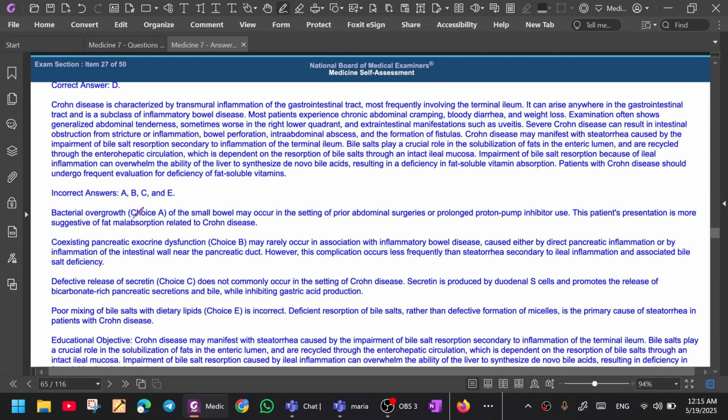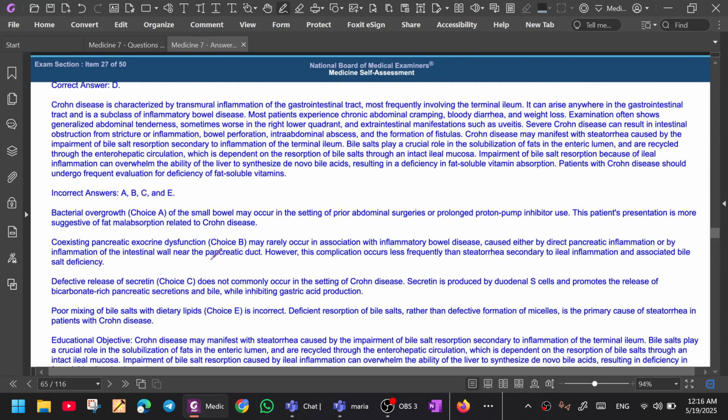This patient's presentation is more suggestive of fat malabsorption related to Crohn's disease. And poor mixing of the bile acid with dietary lipids is incorrect. Deficient resorption of the bile salt, rather than defective formation of the micelle, is the primary cause of steatorrhea in patients with Crohn's disease. Okay, I guess Crohn's also can present with steatorrhea. I did not know that.